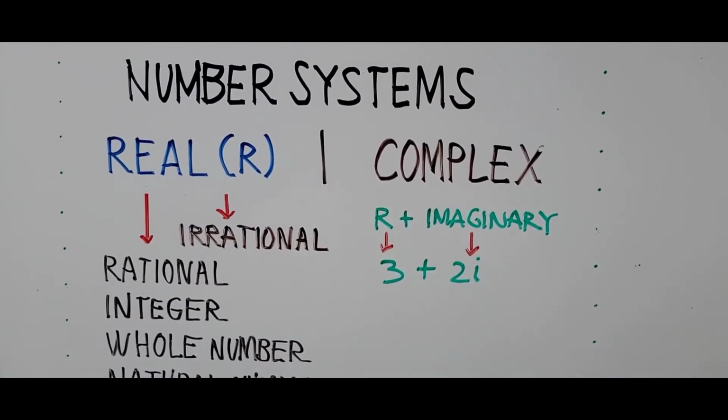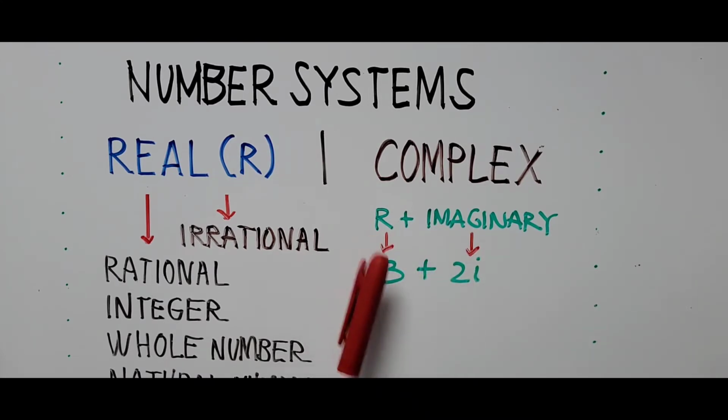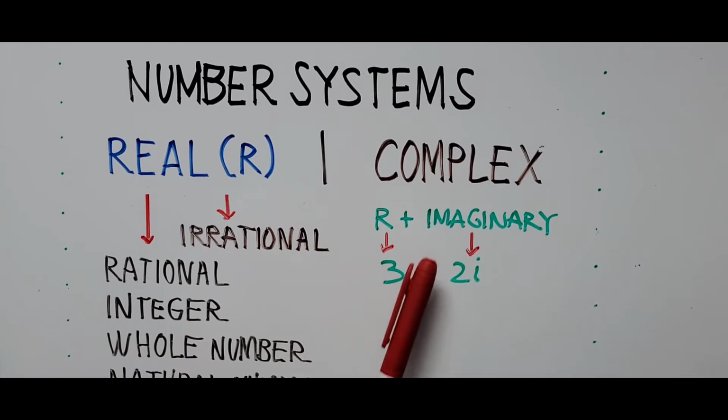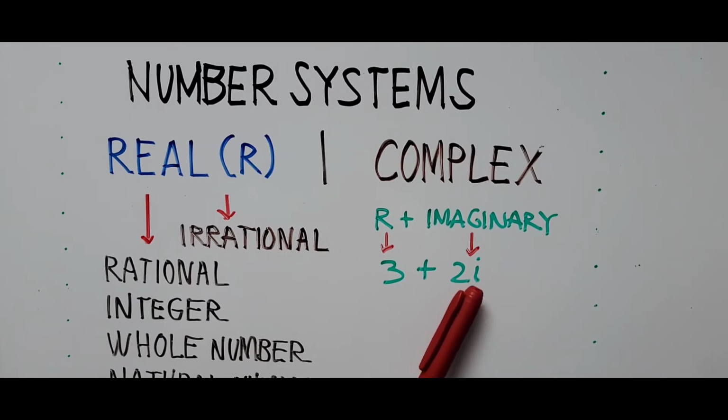And in here, I give you a little background of what complex numbers are. A complex number is a combination of real numbers and imaginary numbers. It says here R plus imaginary. Real numbers are counting numbers and all that, integers. And imaginary numbers consist of the imaginary number i, and some coefficient like this, 2i.